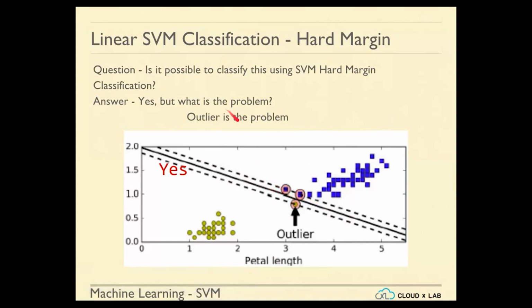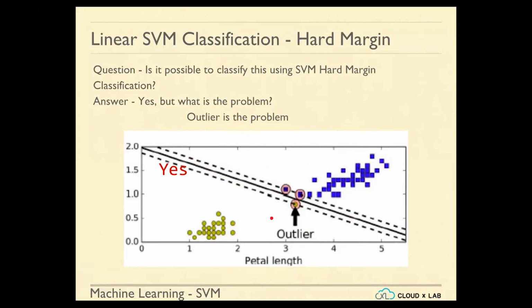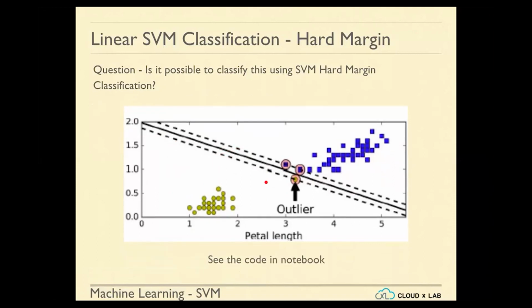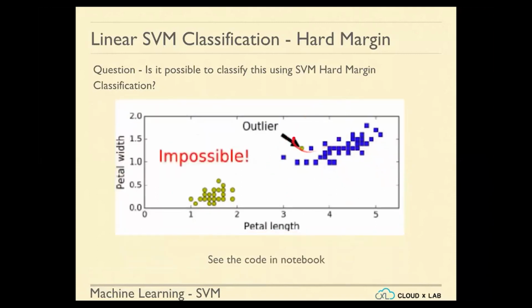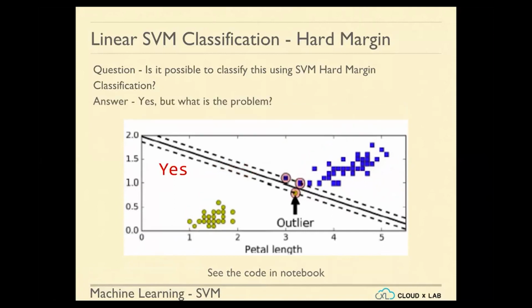We should ideally be fitting a big street here, right? So whatever model we come up with should accommodate the outlier, instead of saying our way or the highway. That's where hard margin classification doesn't work.